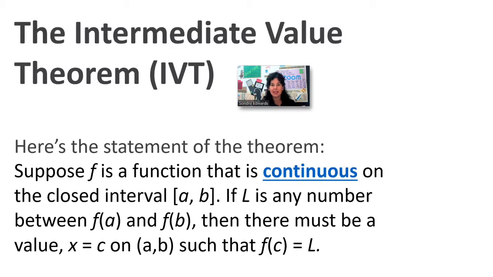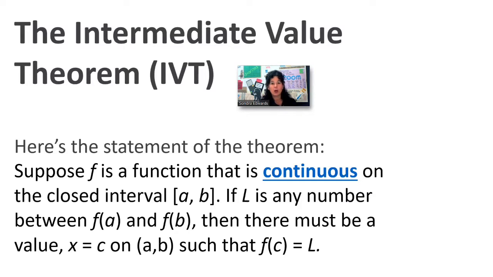So intermediate is like in between. And so we are trying to guarantee a height of a function in between a height we find below and a height we find above. So please, when you think intermediate value theorem, you're thinking, oh, I'm guaranteeing a height. Squeeze theorem, you are guaranteeing a limit.